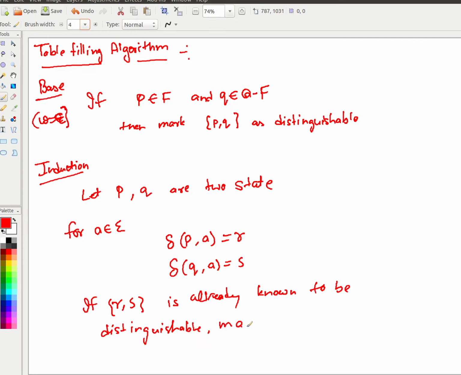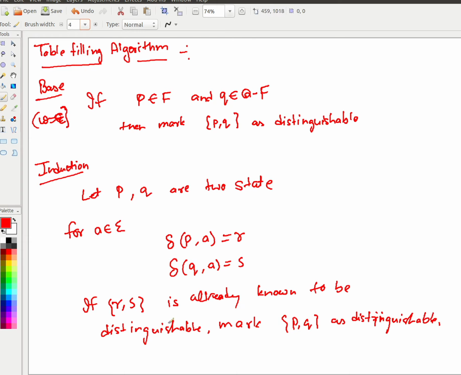Mark PQ as distinguishable. Is the algorithm clear? And this induction you keep repeating iteration over iteration.